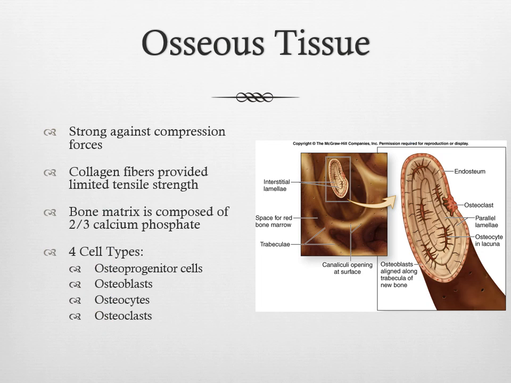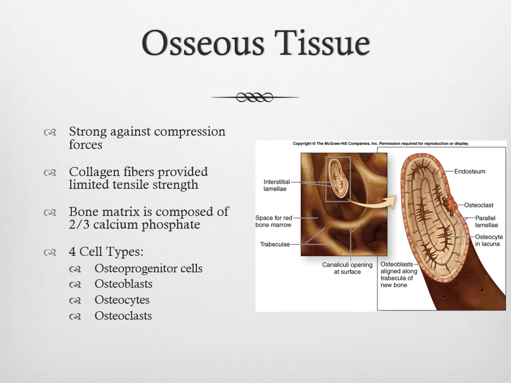The osseous tissue itself is made up primarily of three types of cells: osteoblasts, osteoclasts, and osteocytes. These three make up the majority of the cellular structures there. Then we also have osteoprogenitor cells, which turn into the other three.